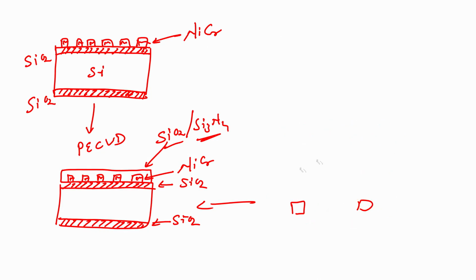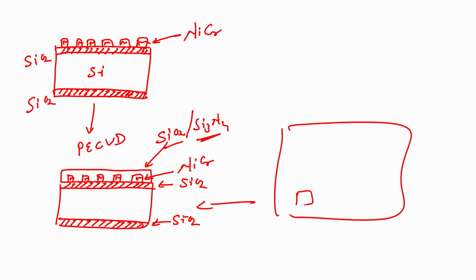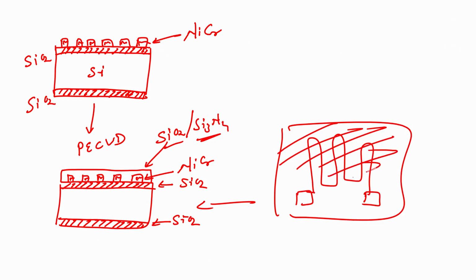For that, I have to open the contact of the heating material. That means everywhere there can be silicon dioxide except on the heater contacts, 1 and 2. So, what do we need to do?